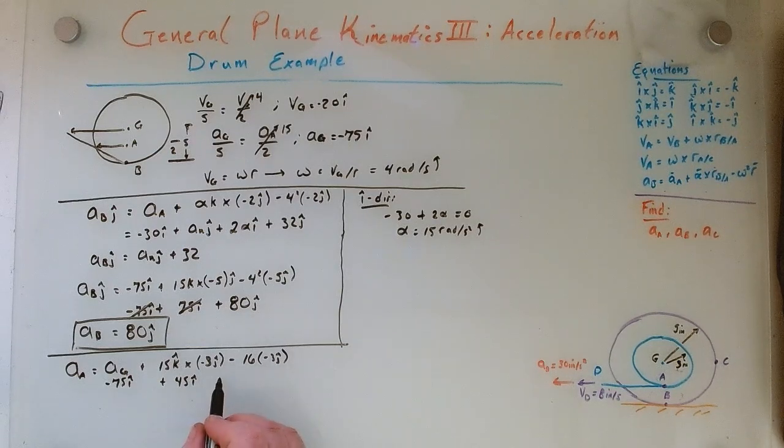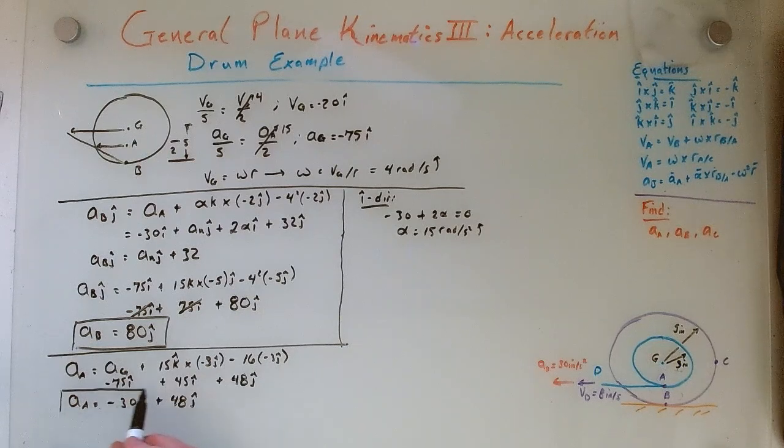So plus 48j. So then the acceleration of A is equal to minus 30i plus 48j. Is that right? I think so. Okay, sweet. Well, that's 2 down, 1 to go.